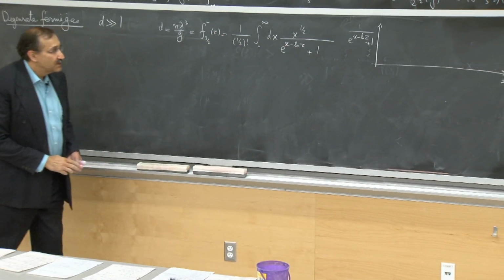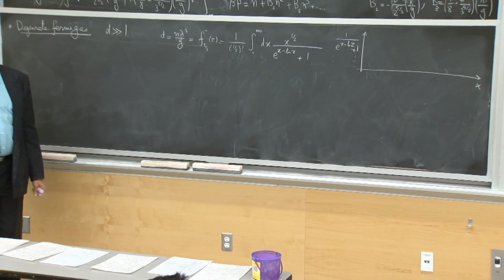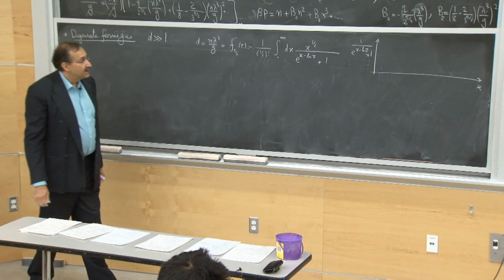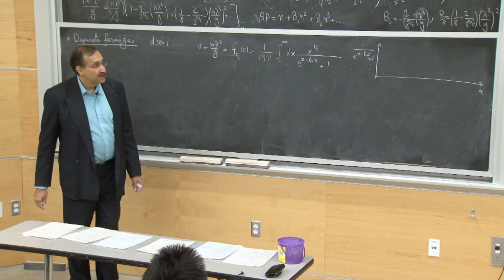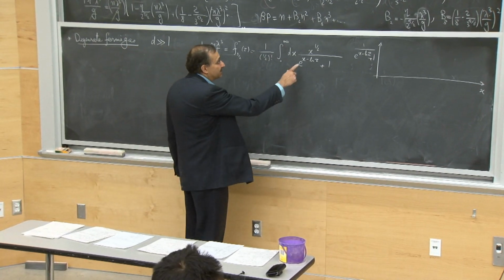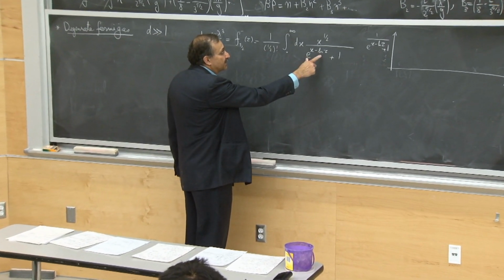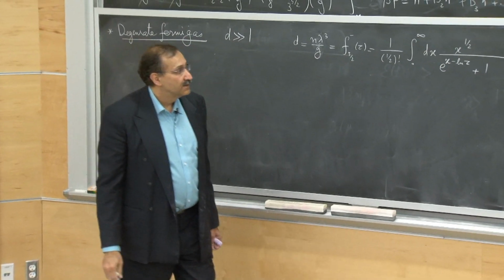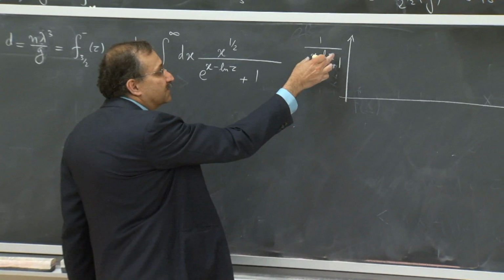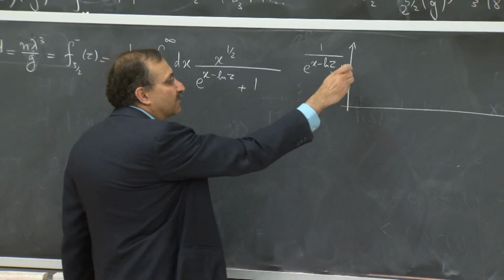What does it do in the limit where z is large? In the limit where z is large, log z is also very large. And then what I have is something that if x is much less than log z, essentially this factor will be 0, and I have 1.